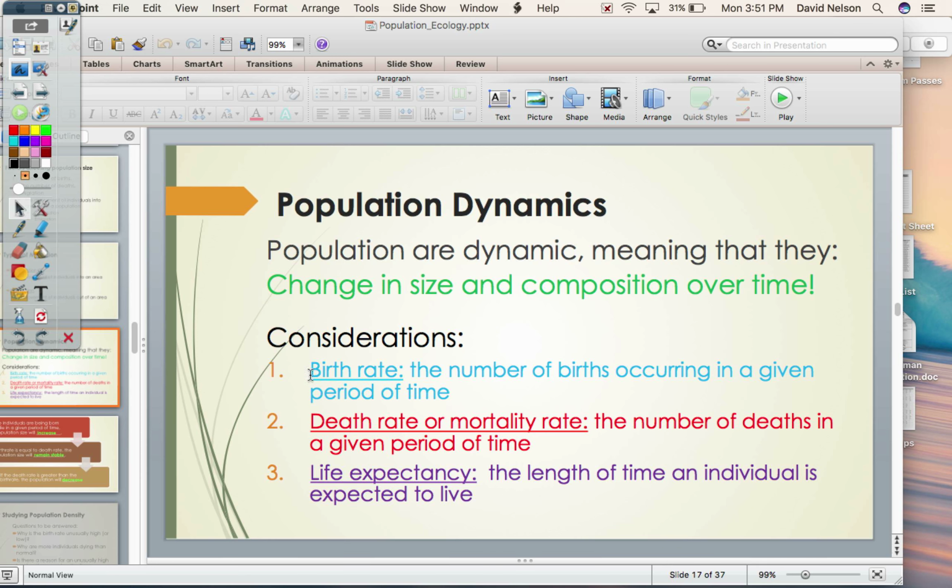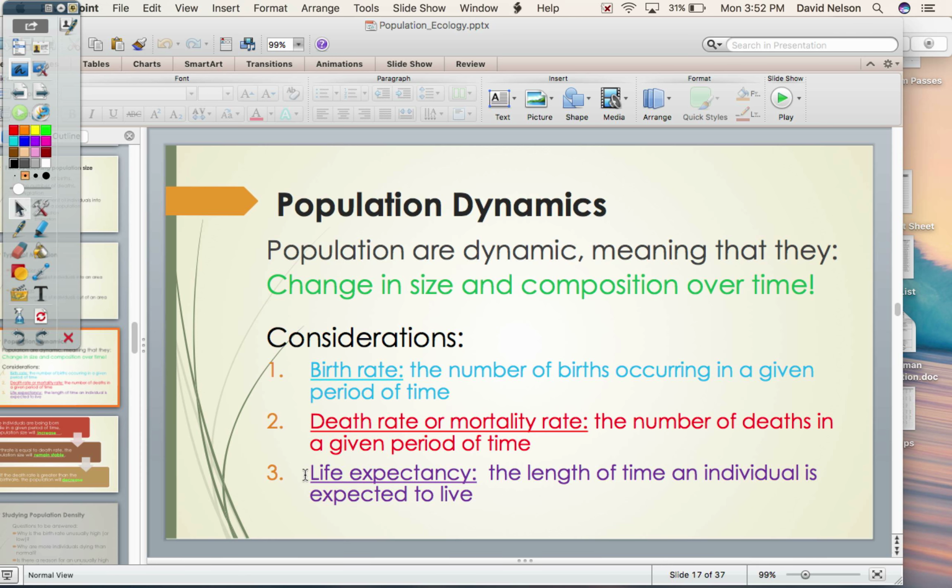Some other factors that are going to influence the dynamics of a population are the birth rate, the death rate or mortality rate, and the life expectancy. Life expectancy and death rate are not the same, they're different. Life expectancy is pretty constant, it doesn't change very often.